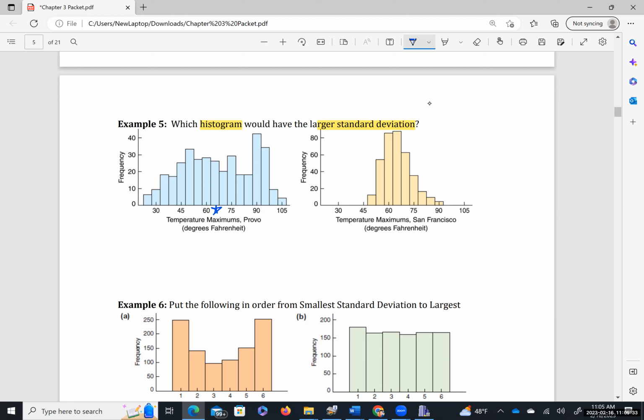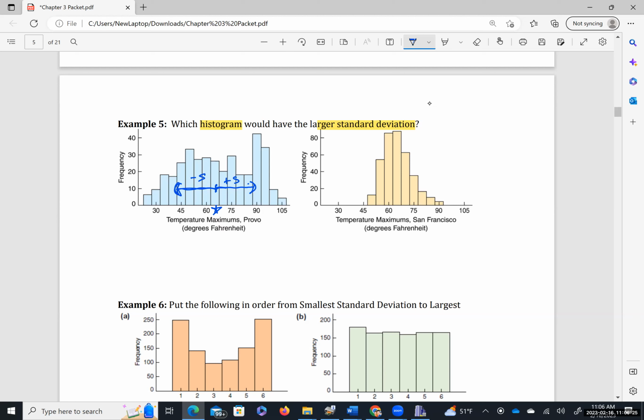If you say 68% of the data values should be, roughly, just an estimate, because from the graph you can only roughly estimate, it's going to be from here if you subtract one standard deviation, and then adding one standard deviation, around here.